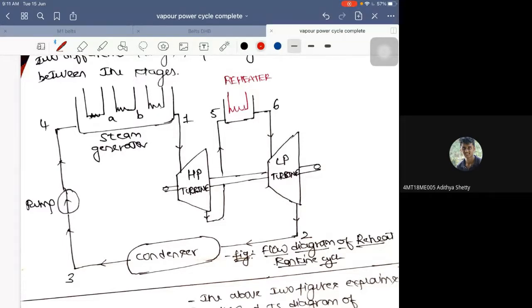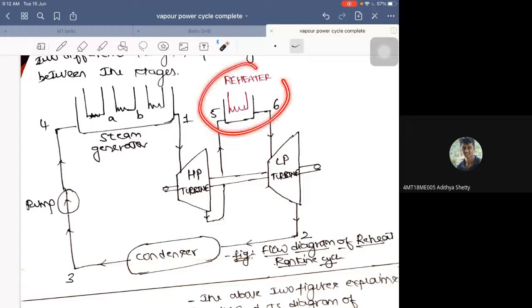No. We don't have a compressor, rather we have a pump, which increases the pressure from 3 to 4. So we are getting rid of intercooling, as no compressor is used. But the turbine is used to expand and get the work output, so there is a chance of using a reheater.